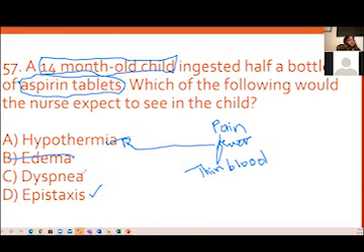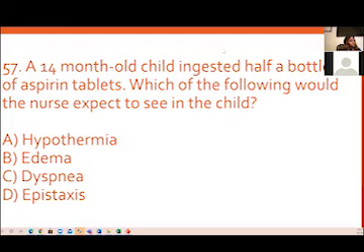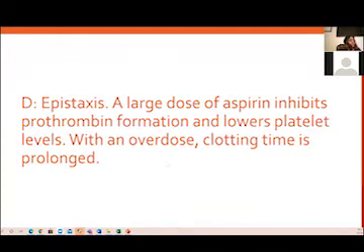Dyspnea, yes, some drugs cause it, but people take aspirin once a day and they don't have dyspnea with it. Because it's in the blood, it may cause epistaxis, which is bleeding from the nostrils. Okay, so the answer is D, epistaxis.